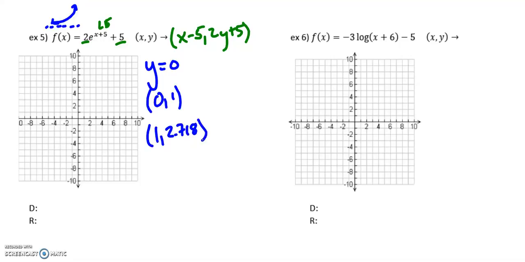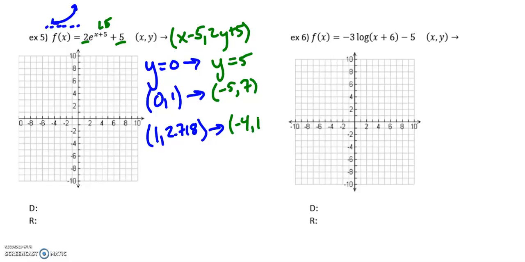We're going to get just a good approximation here. So when I transform these things, I'm going to end up with y equals 5 for my new horizontal asymptote. This becomes (-5, 7), and this becomes (-4, 10.44-ish).